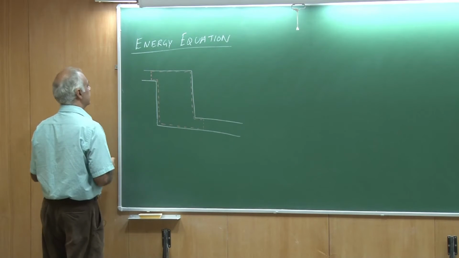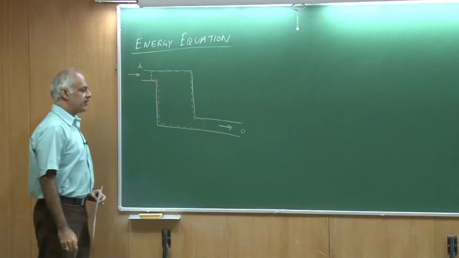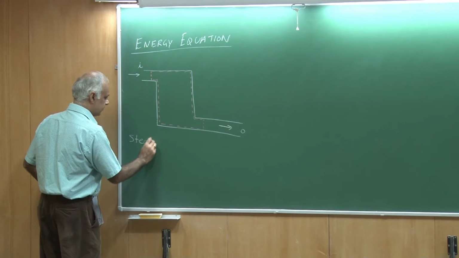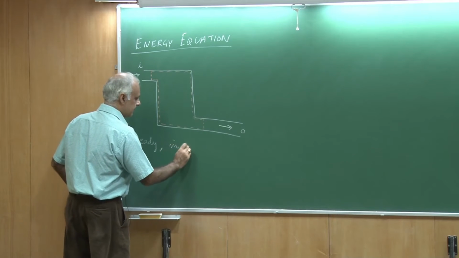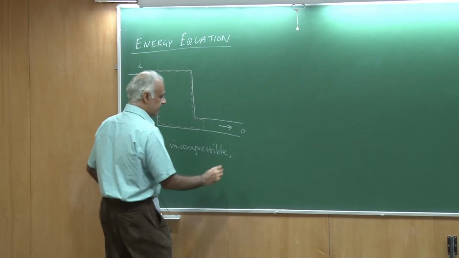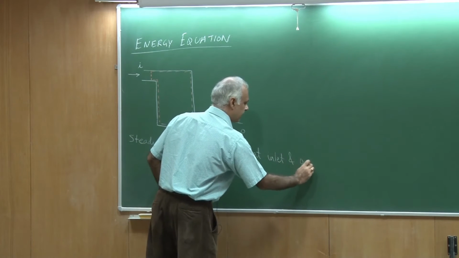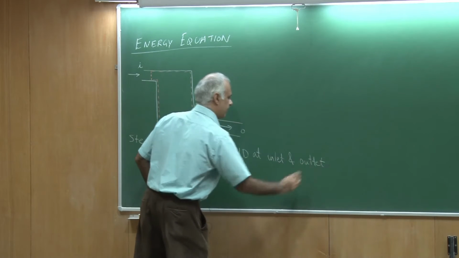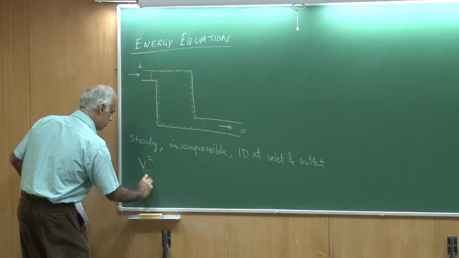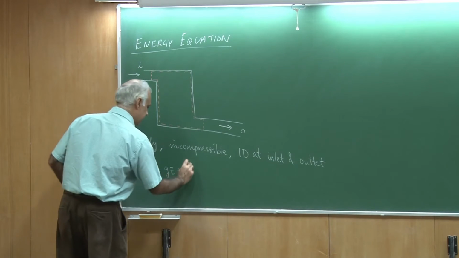There is an inlet port and there is an outlet port, and for this control volume, when we assume that the flow is steady, it is incompressible, and that it is 1D at inlet and outlet, we are able to write V square by 2 plus Gz plus P by rho.